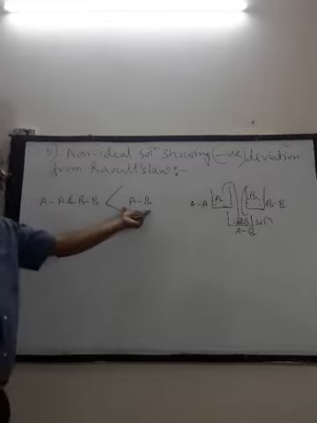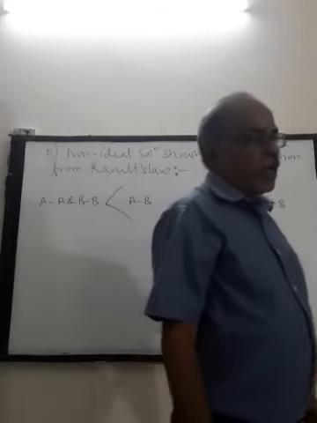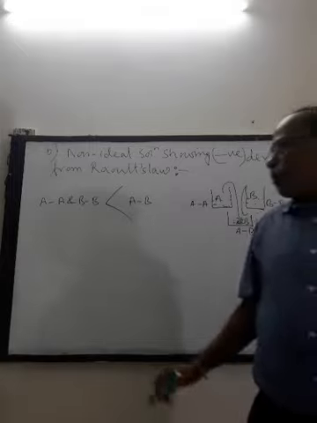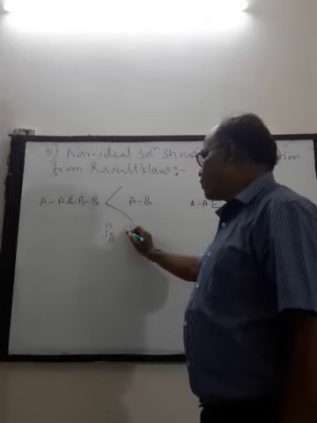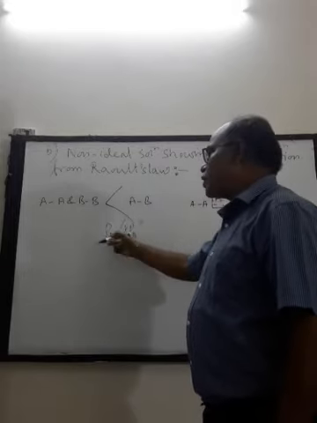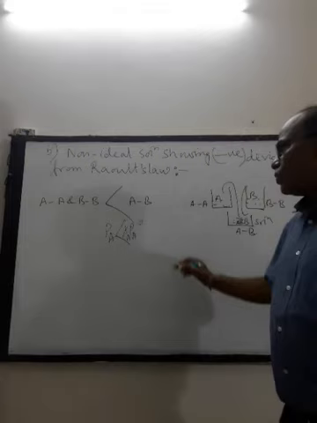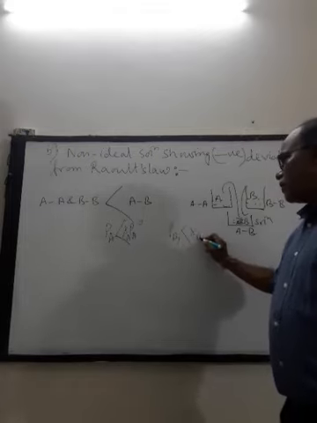So more interaction after mixing means less tendency to get vaporized. So the vapor pressure of the solution is less than the value expected from Raoult's law. Similarly, PV less than XV.